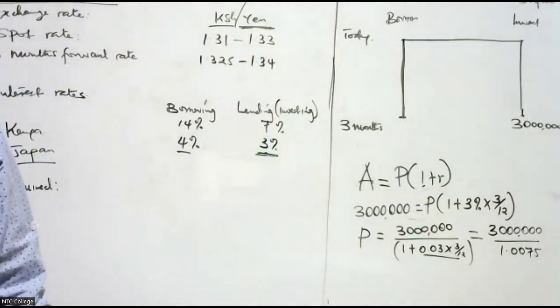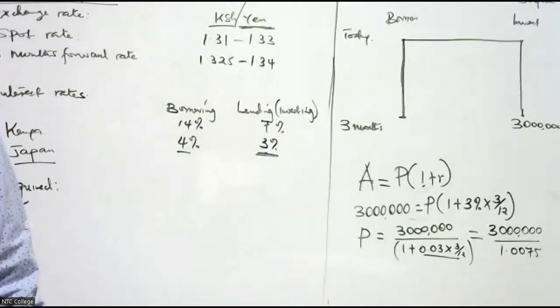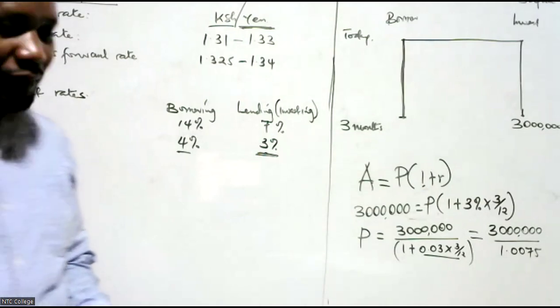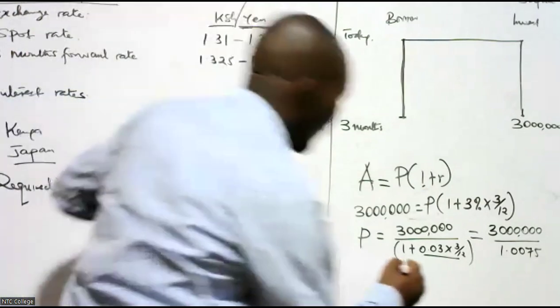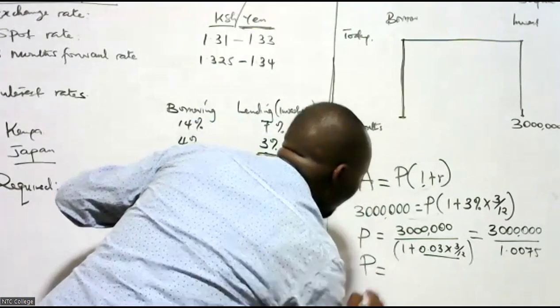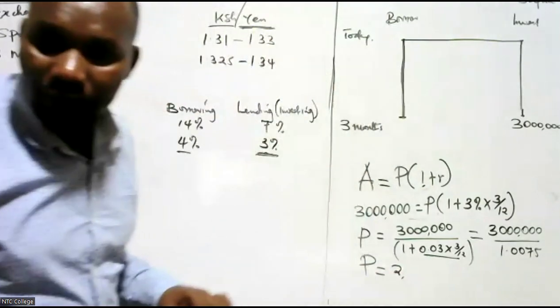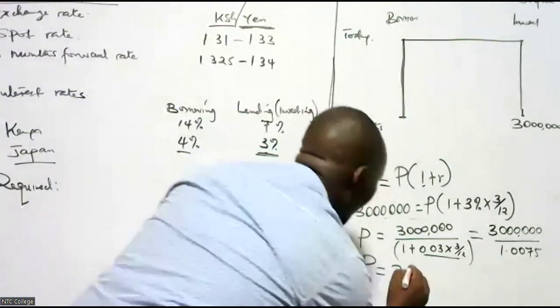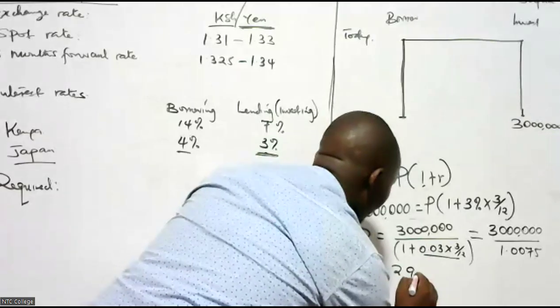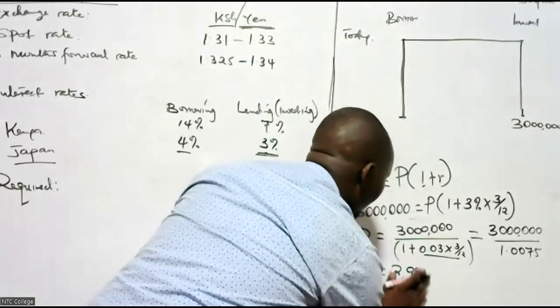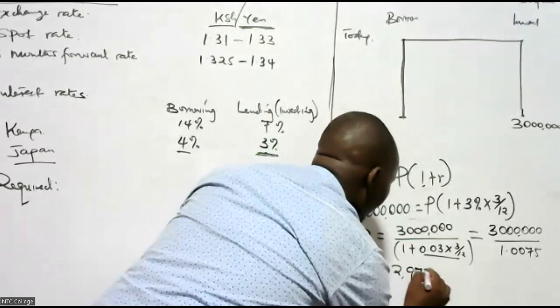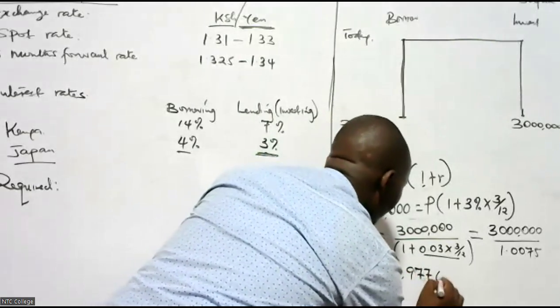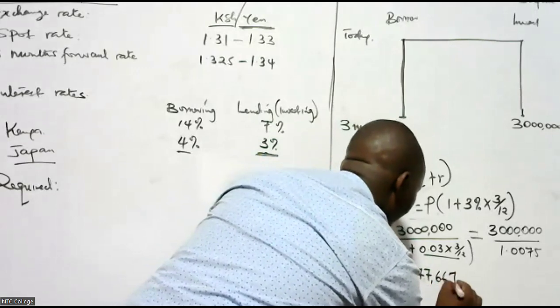Surely, hatuwezi fanya hiyo. It is 3 million divided by 1.0075. I'm getting the principal that you need to invest is 2.97767.